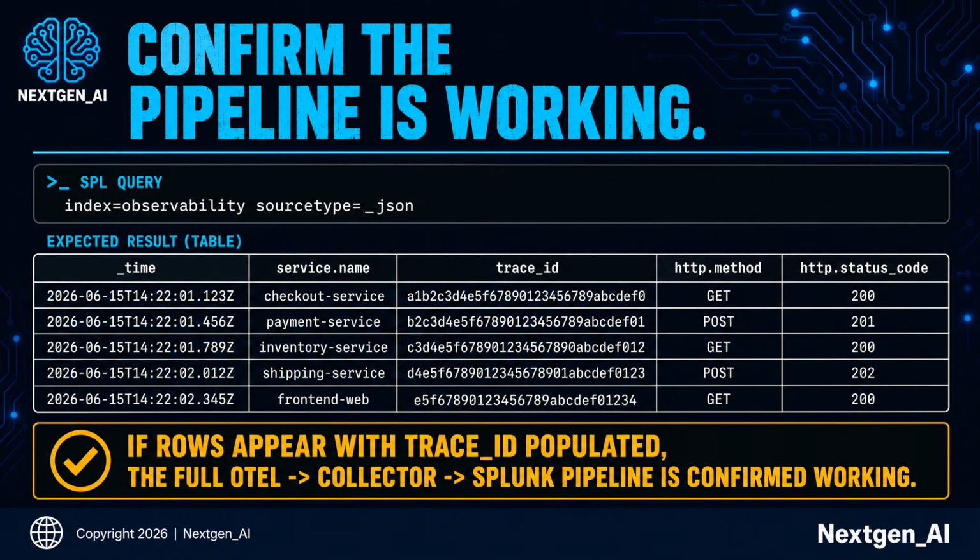Check the Fields sidebar to confirm that the OpenTelemetry semantic attributes like http.method, http.status_code, and service.name have been correctly parsed and extracted by Splunk. Verify that the timestamps align with the actual event generation time, ensuring there is no significant ingestion latency.